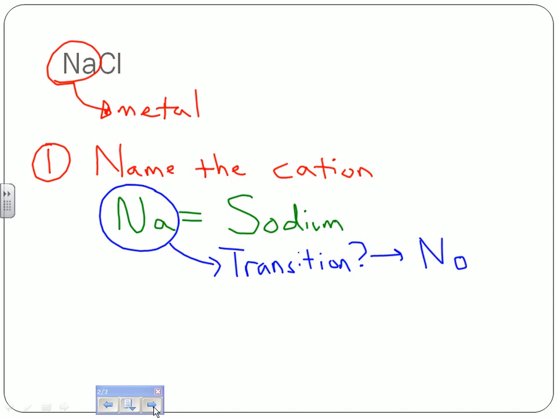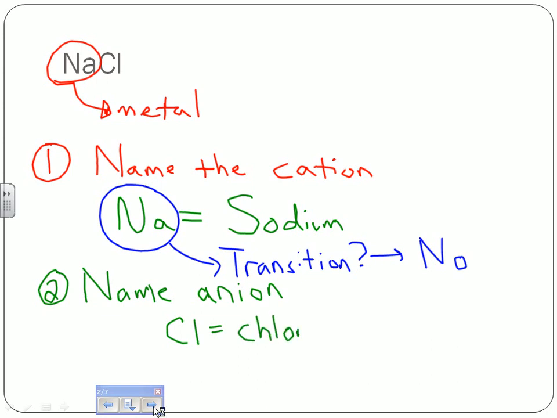Now, the other piece in the formula, step number 2, is to name the anion. The anion symbol in this case is Cl, which is the element chlorine. However, if it's monatomic and by itself in a compound, the name of this is chloride.